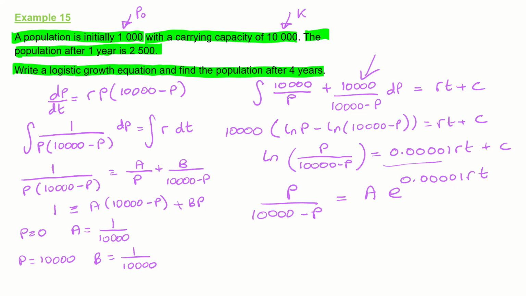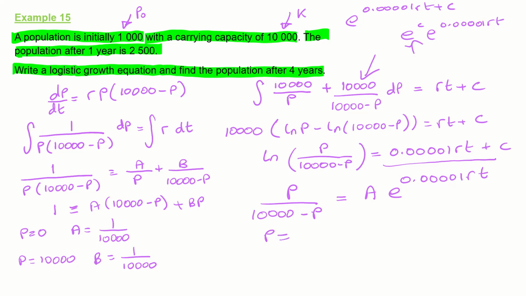When we took the exponential we got e to the 0.00001 rt plus C, and we've just used e to the C and called that A. We've seen this done before in other questions.